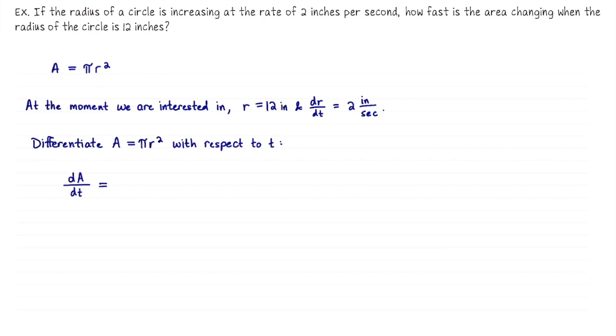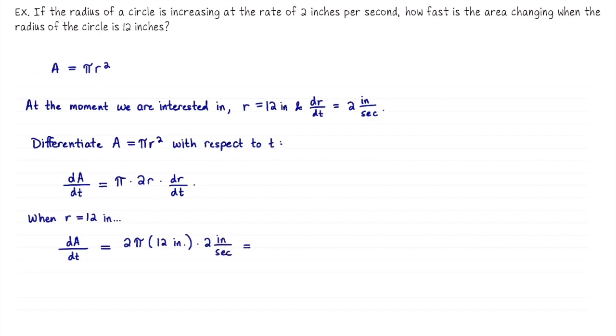So using the chain rule, we get pi times 2r times dr dt. Then at the moment when the radius is 12 inches, dA dt is 2 times pi times 12 for the radius times 2 inches per second for dr dt. And so we get that the rate of change of area with respect to time at that one particular moment is 48 pi inches squared per second.